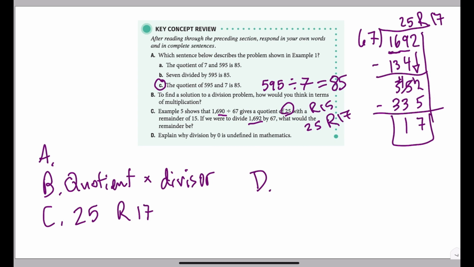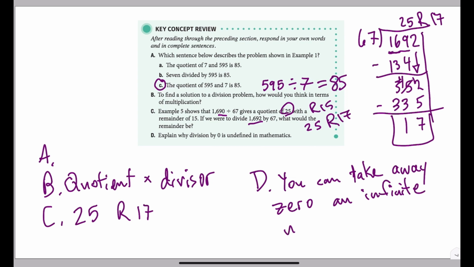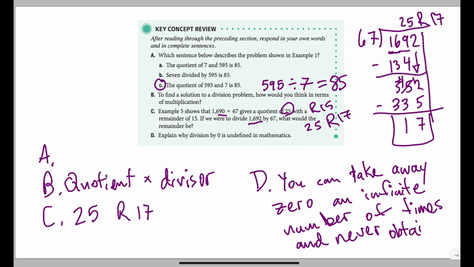So explaining why is like saying because division is repeated subtraction, you can take away 0 an infinite number of times and never obtain a quotient. So that's what I would say.